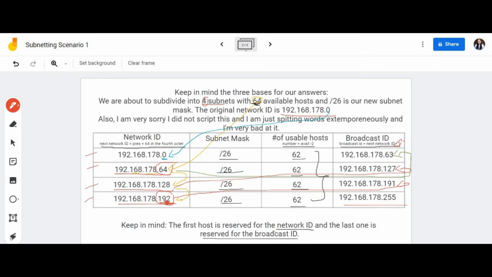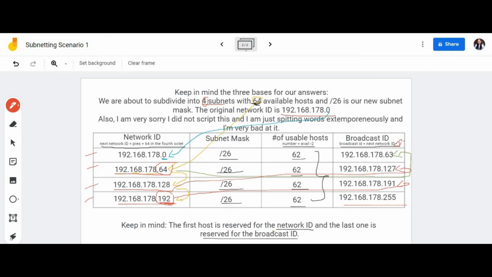Now, we're dealing here with the fourth broadcast ID. How can we get the fourth broadcast ID? So basically, we will just add 64, or the number of available hosts, to the network ID, which is located at the fourth octet, and then we will just have to minus 1 from it. Basically, we will use these two formulas at once. So 192.168.178.192, the network ID is 192.